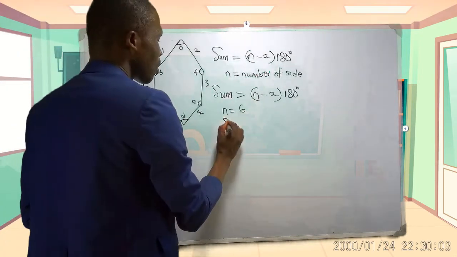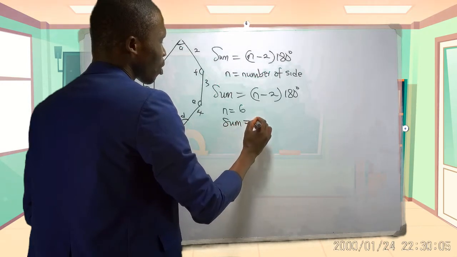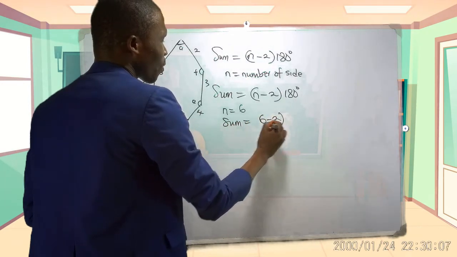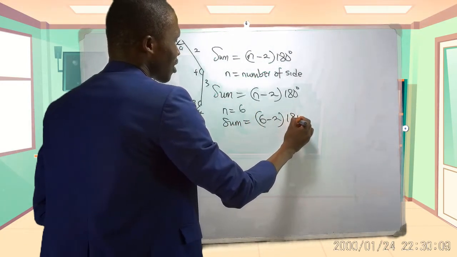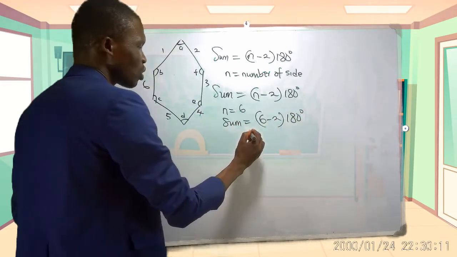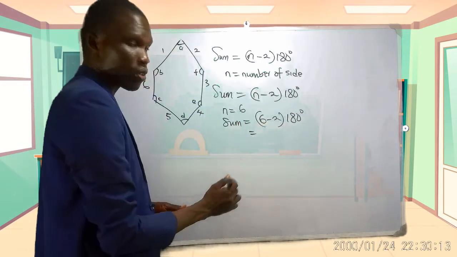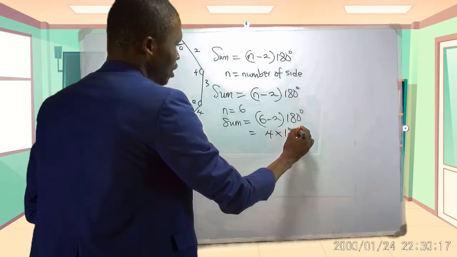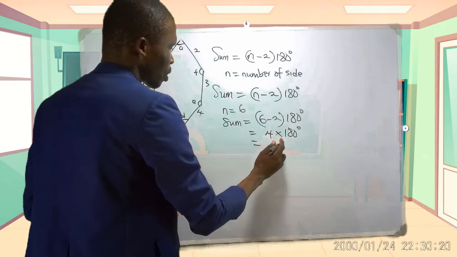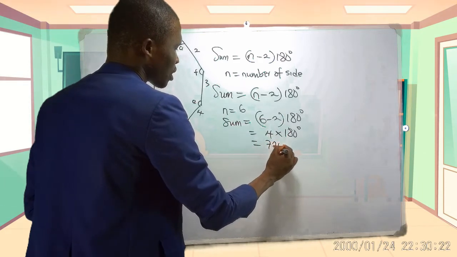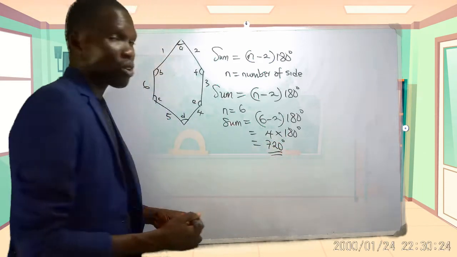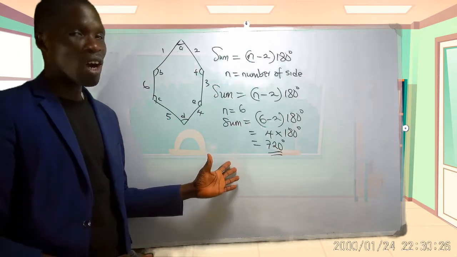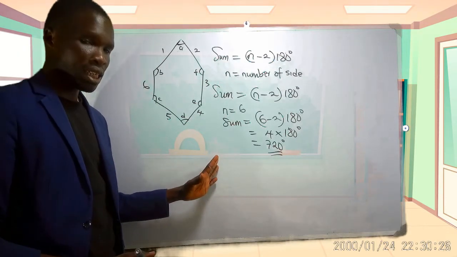This will give us (6 minus 2) times 180 degrees. 6 minus 2 gives us 4, multiplied by 180 degrees. So this will give us 720 degrees. So the sum of interior angles of a hexagon is what?